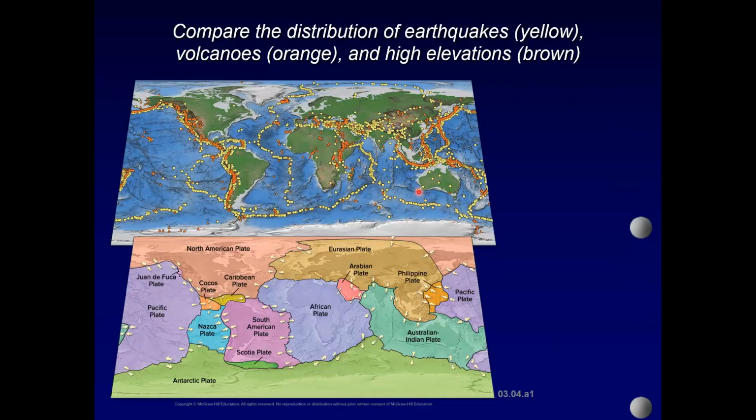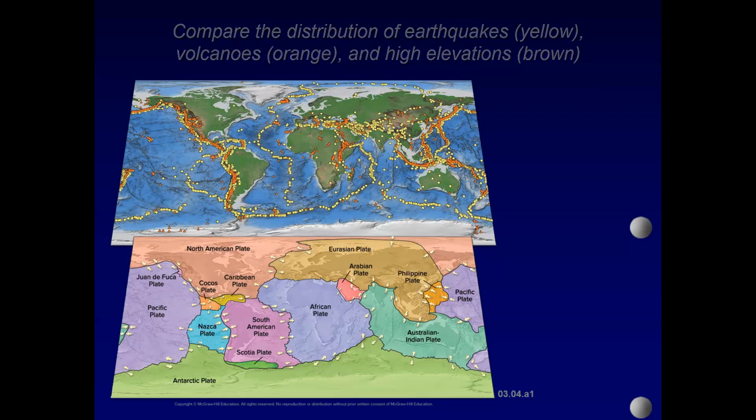So if we take all that, we have the distribution of earthquakes in yellow, volcanoes being orange triangles, and high elevations in brown. That's kind of covered up by the other data. And we also have a plate tectonics map.